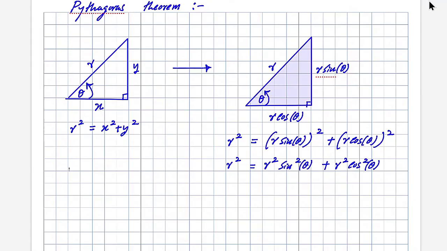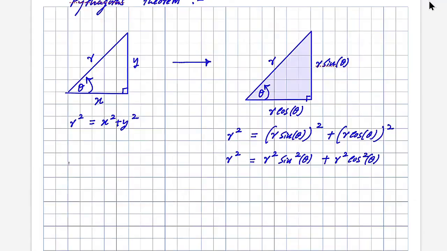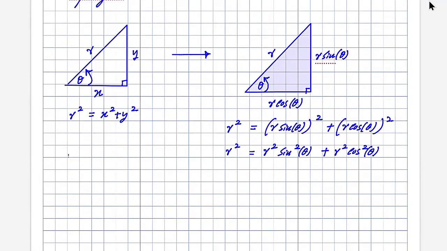That angle can be 30 degrees, 40 degrees, 50 degrees. That's fine. Now, you can factorize. You can take r squared out, and you get something like this.